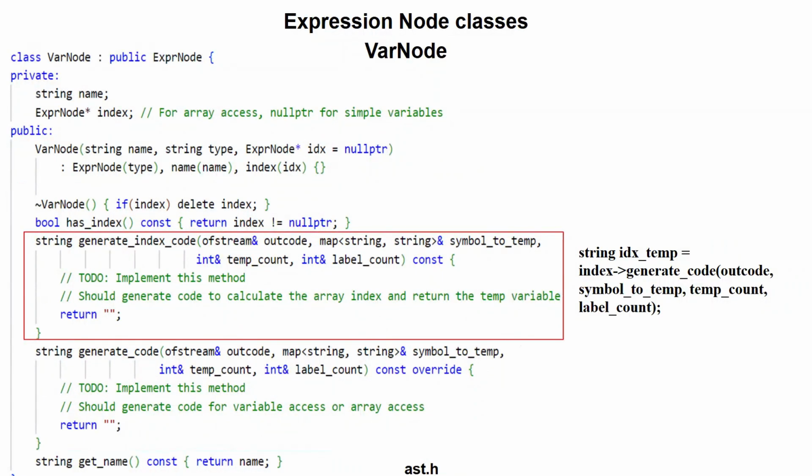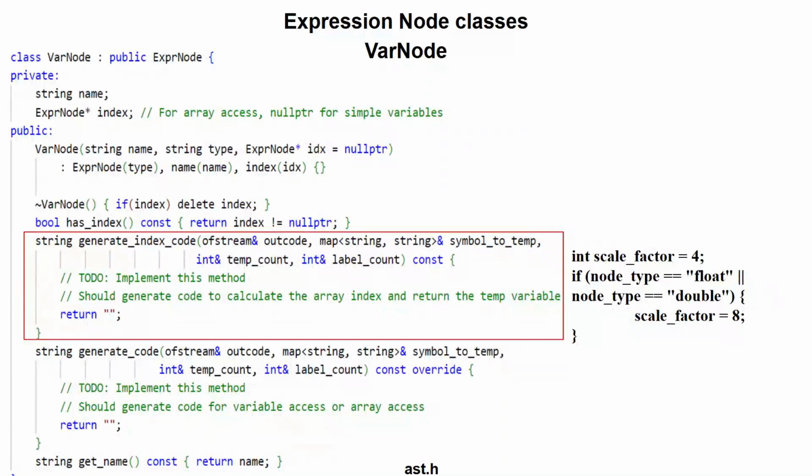Now you have another method, generateIndexCode, which generates code for the index expression. You have to design this method by yourself so that it will generate code to calculate the array index and return the temp variable. You should call the generateCode method for the index expression.